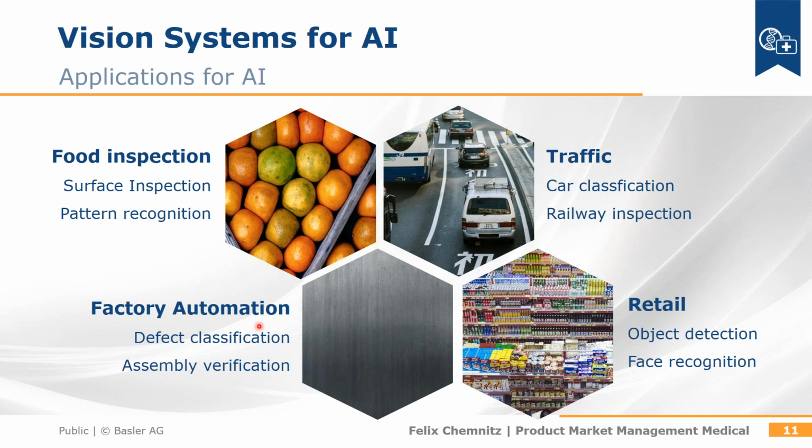There you can have what I explained two slides before, a defect classification or an assembly verification while putting together, for example, a mobile phone. Or in retail, you can have object detection, this kind of liquor at the right spot, or the cigarettes at the right spot in the kiosk, or you can have face recognition for entrance admittance. All that could be learned by AI.